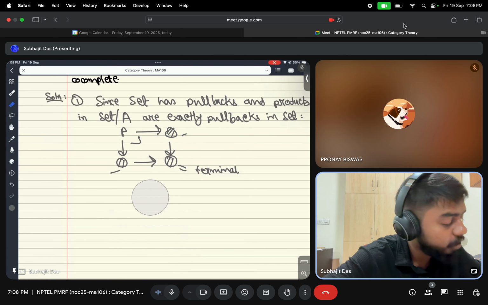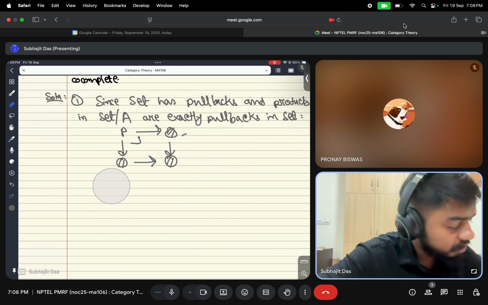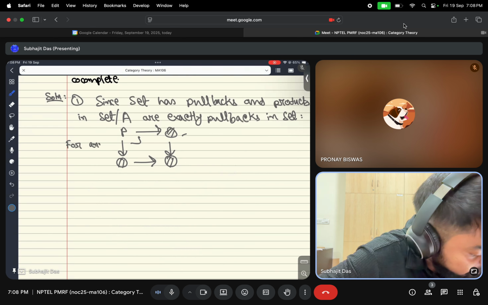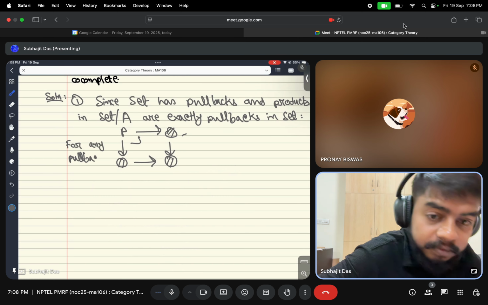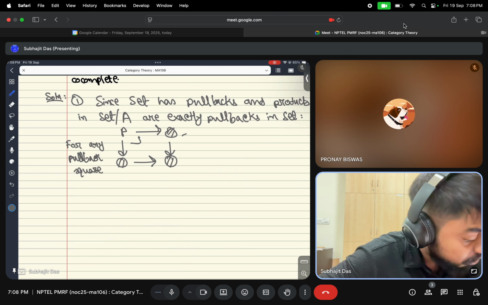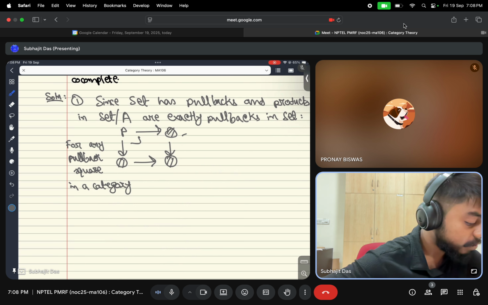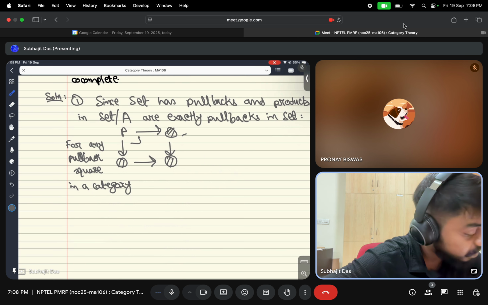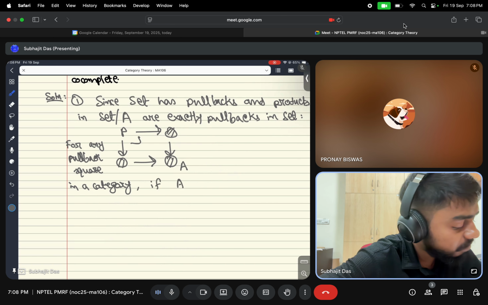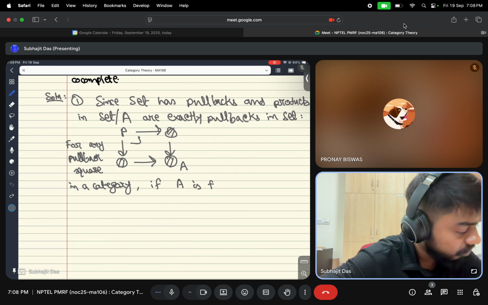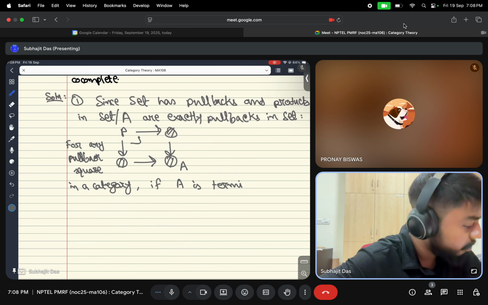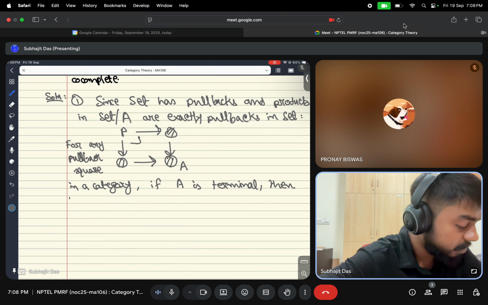So I'll just write this short comment: for any pullback square in a category, let's say this is A, if A is terminal, then P is a product in the category.